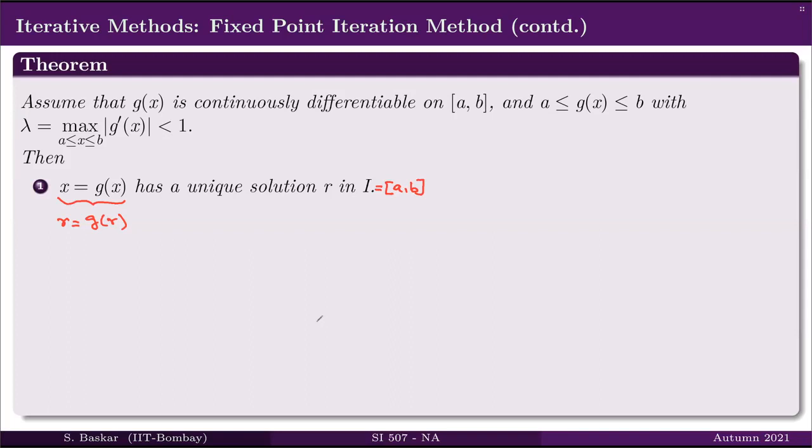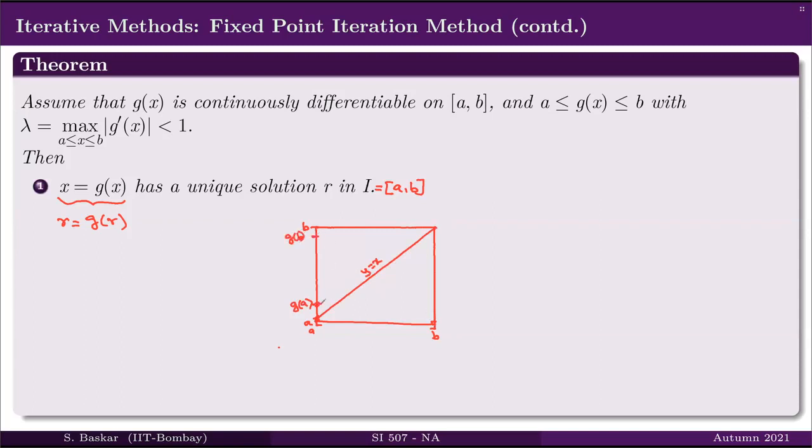As we have assumed, G is a self map in the interval [A, B], it means it takes values also in the interval [A, B], right? So let us consider this square from A to B. And this is the line y equal to x, G of A here, and it takes the value G of B somewhere here.